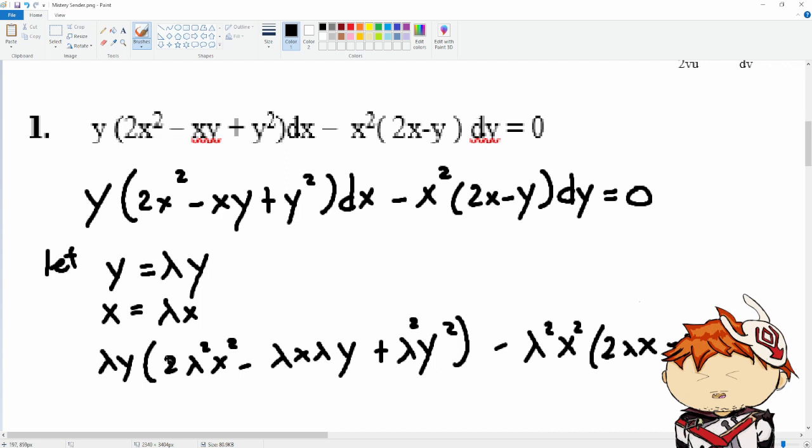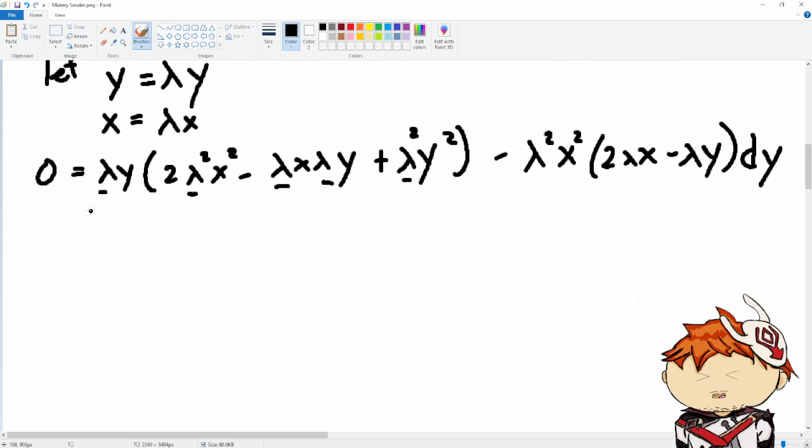Okay, take note that if we take out the lambda from all of the variables, we're gonna have a lambda cube. Where's the y outside?